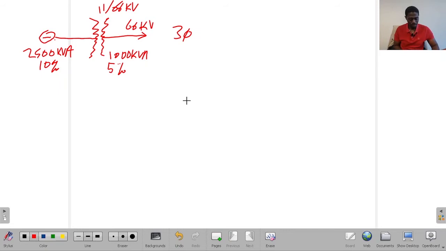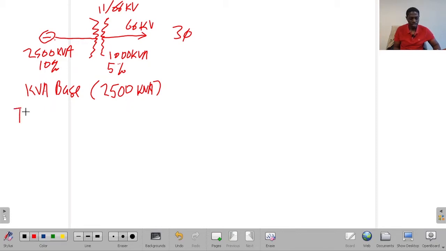Let's look at this system. Let's say we are using a base KVA of, let's take, 2500 kVA. Now we have to calculate the short circuit current in the system, and first of all we have to calculate the transformer reactance at base, so we have to transform all the percentage reactances to the base KVA.